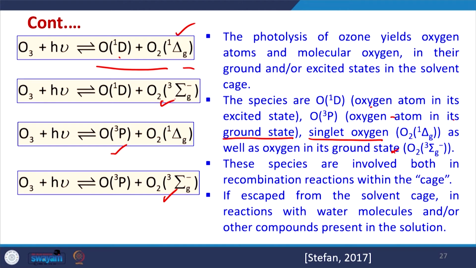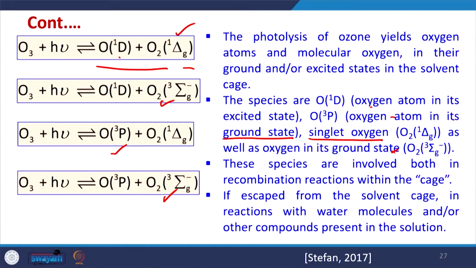Now, these species are involved in recombination reactions within the cage. This is possible, but we always wish that recombination within themselves should not occur. They should react with the contaminants first, and they should be able to degrade these contaminants into CO2 and H2O.